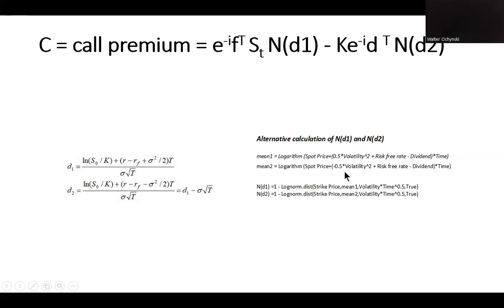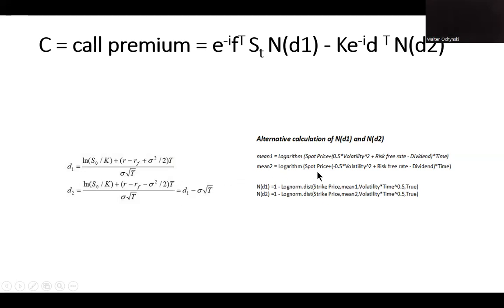So using what our computer provides us, we just start with a definition of mean 1, which corresponds to D1, and mean 2, which corresponds to D2. And I will show you in a moment also how mean 1 can be transformed into D1, or mean 2 can be transformed into D2.